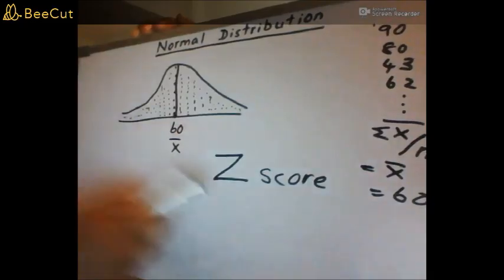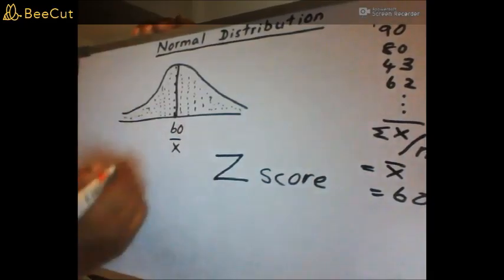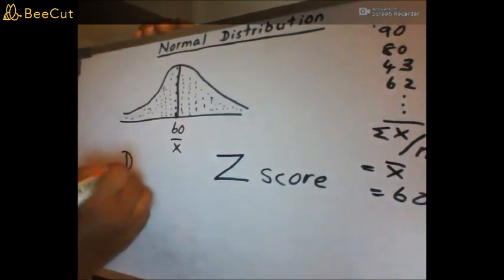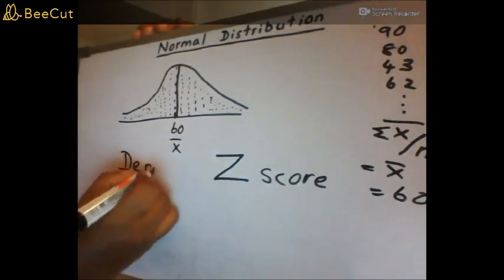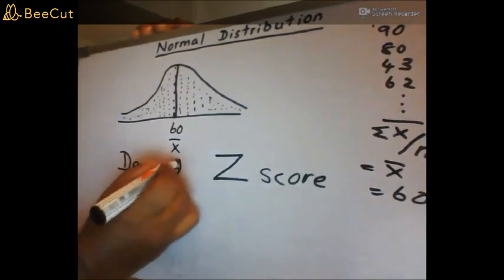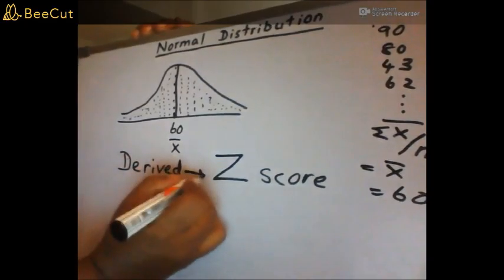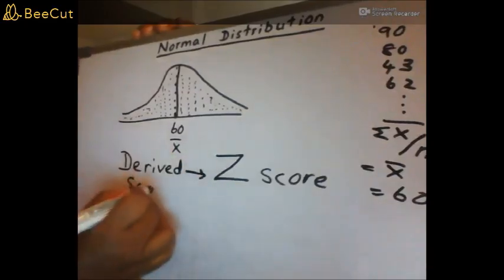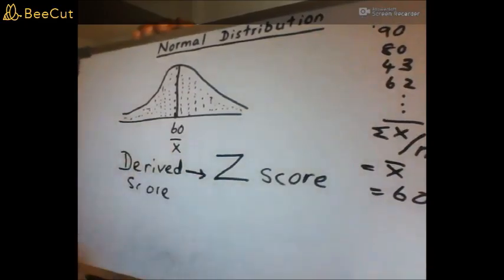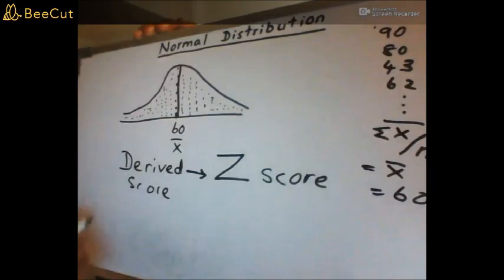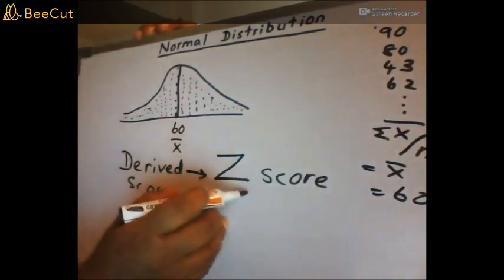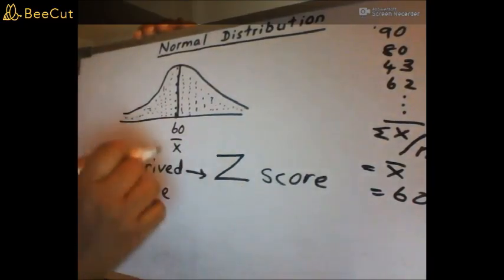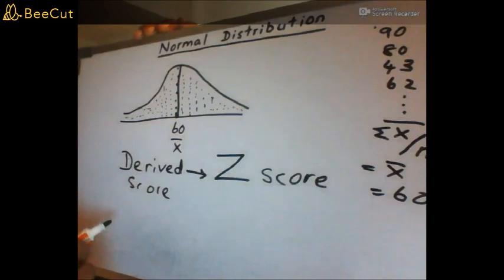Now, Z score is a derived score. What do you mean by a derived score? We take this Z score from the raw values.